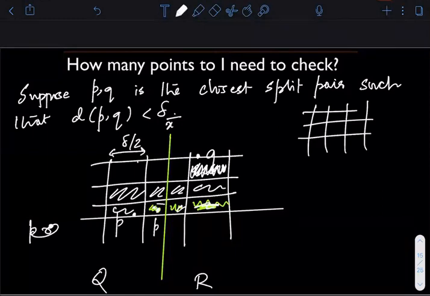Each is delta. See, the bottom line of this grid coincides with P. So now you have to traverse delta half and delta half. So if you are in the third row, then you will exceed delta, right? Or am I missing something?